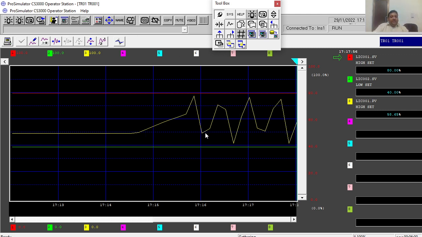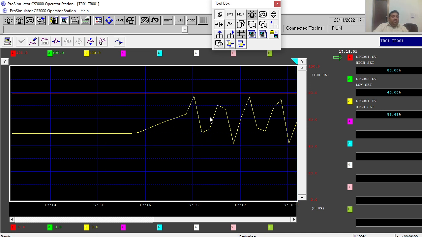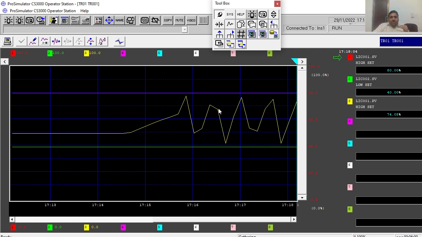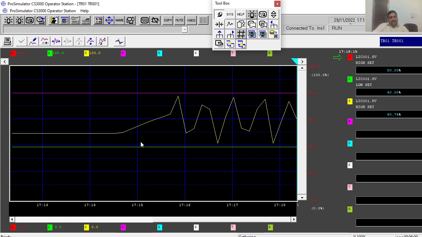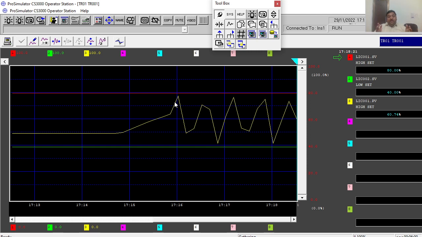And the moment it tries to touch the 40 line, again the valve will be open. So you can see all sorts of ups and downs in the process value, high set, low set and the present value. This is how you can see the things in a trend window.